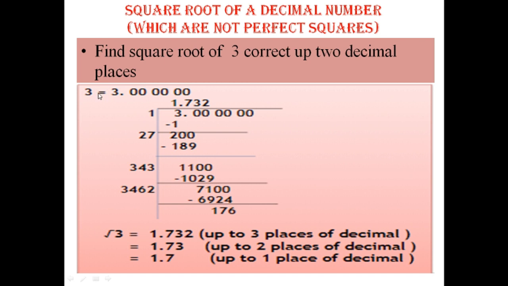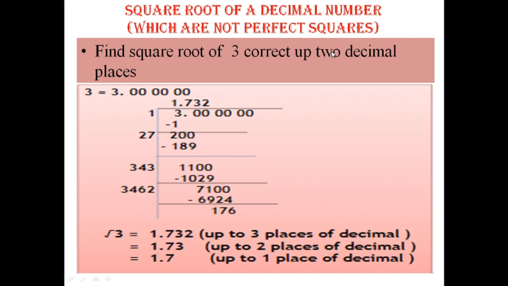Now what you will do: if they have asked for 2 decimal places, you will write 3 pairs of zeros here, which means one more than this. If they have asked about 1 decimal place, you will write 2 pairs.